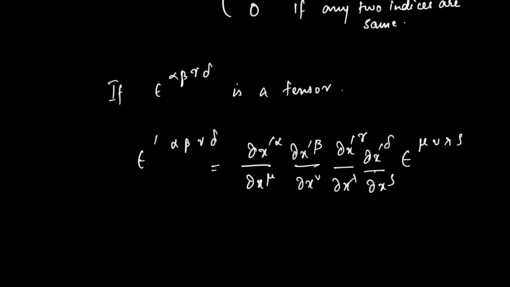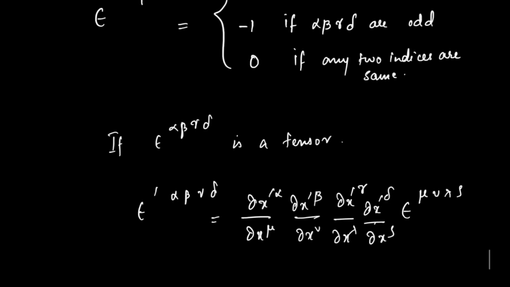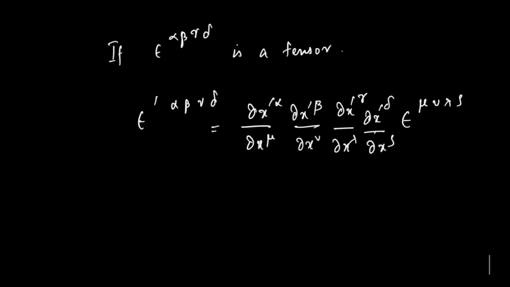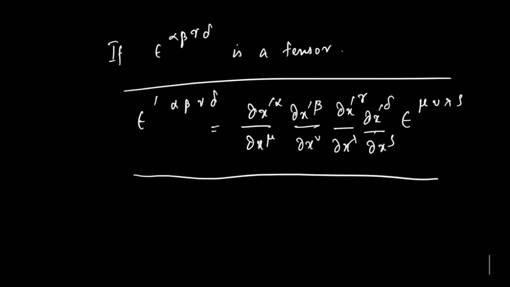But by definition, the components of the Levi-Civita tensor must be the same in all coordinate systems. It has to be either +1, -1 or 0. The components should not transform like this.